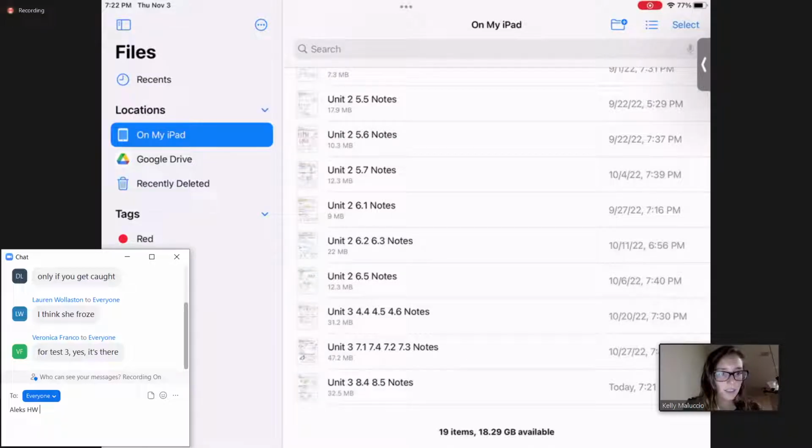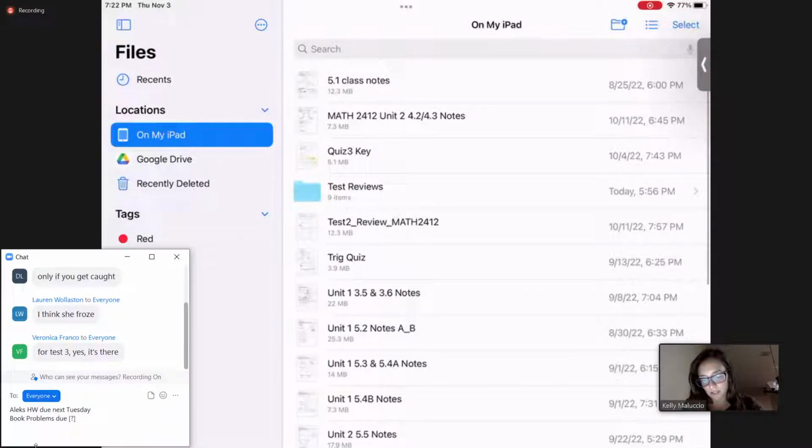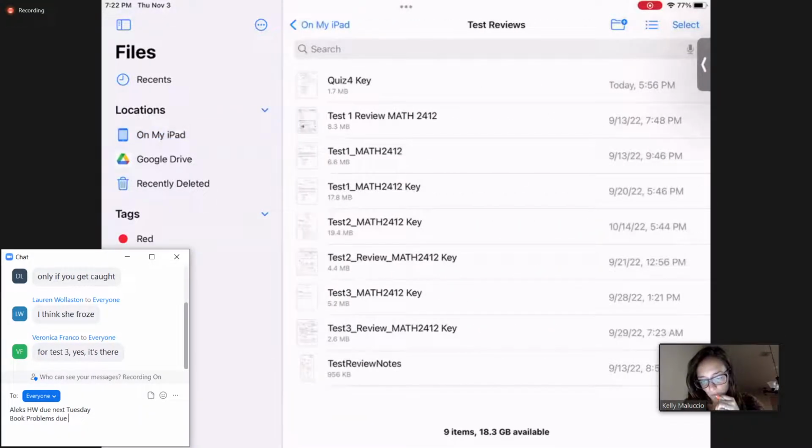Wait, you guys had a quiz last week, right? Was it due this week? It was over 4.4 and 4.5 or something. Okay, so it's a bit old, but I'm pretty sure it's still on the test, right? So I'm gonna post the key, but let me just pull it up for you guys and you can see it. It was quiz 4, right?